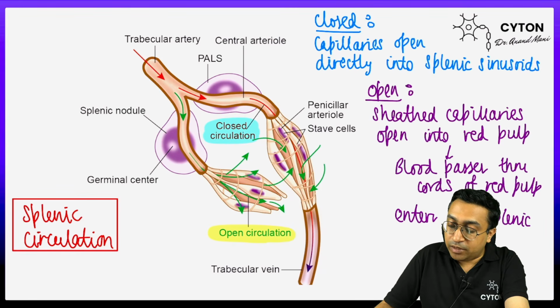Ultimately the blood has to enter into the sinusoids only, as you can see in both cases.